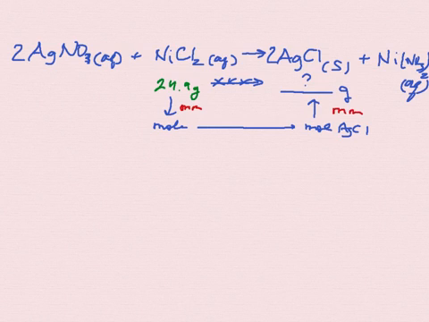So nickel 2 chloride, 1 nickel, 2 chlorines, 35.45 times 2, plus your nickel, 129.59, and silver chloride, I think it's 107.87, and 35.45, it's 143.29 grams per mole.